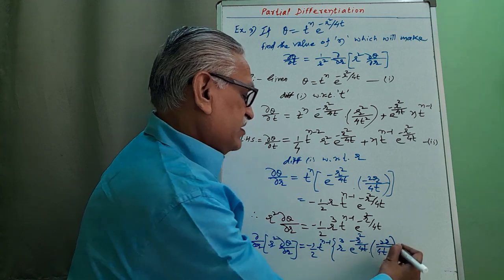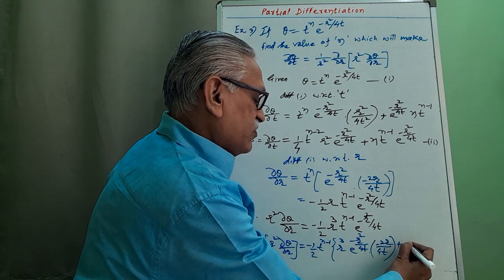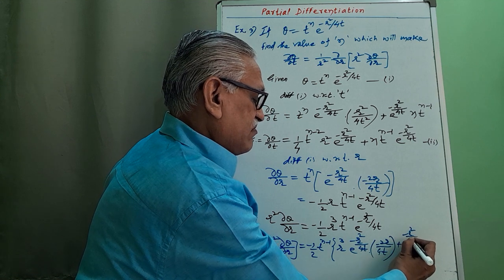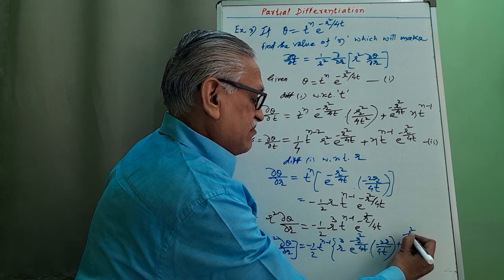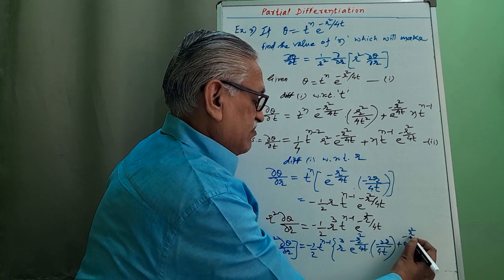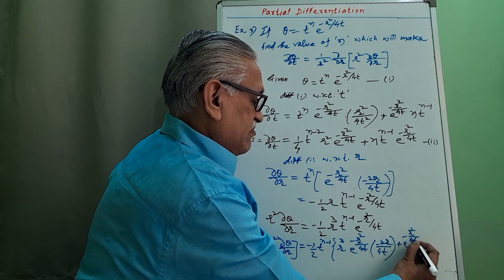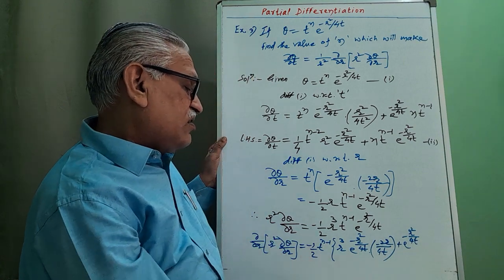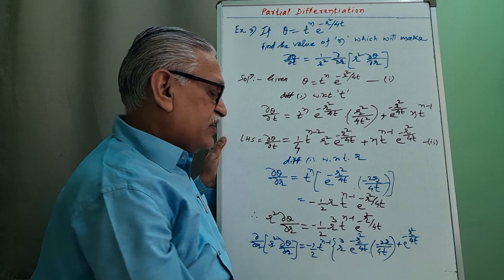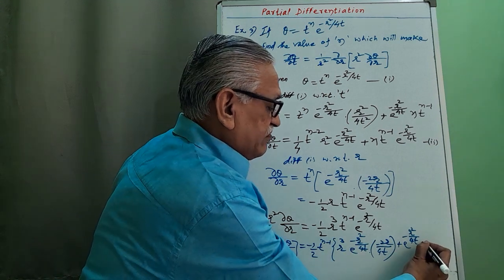Second term is e raised to minus r square by 4t, chain rule, into derivative of r cube with respect to r, it is 3r square.